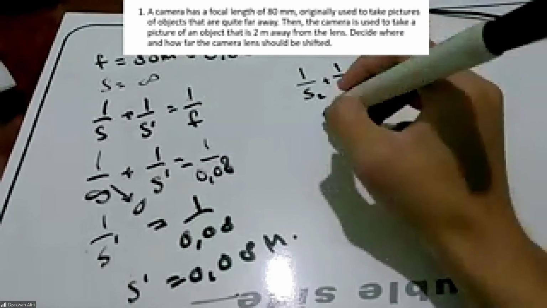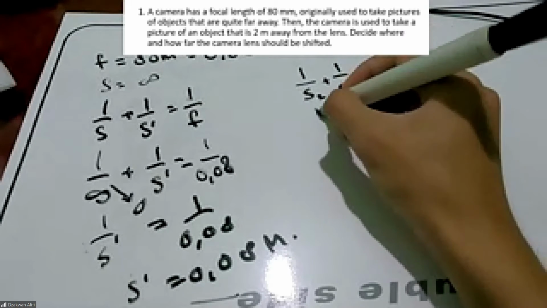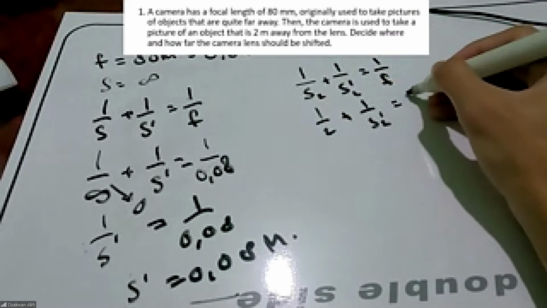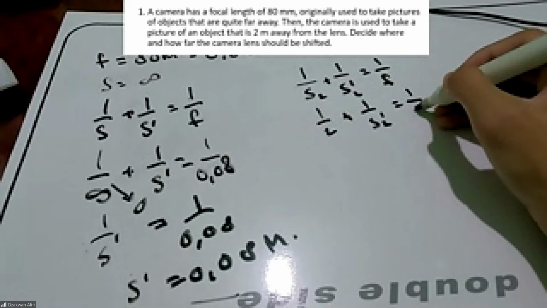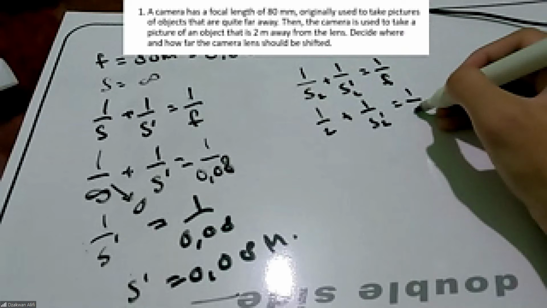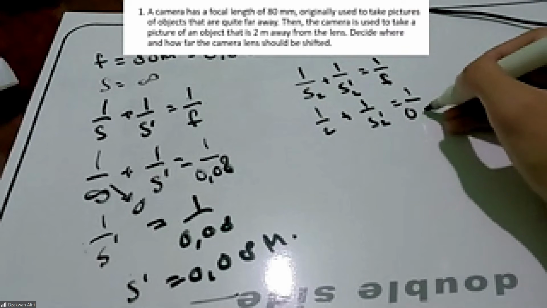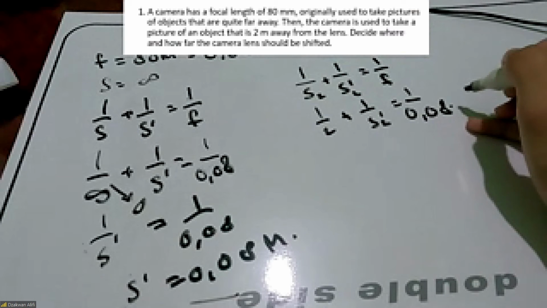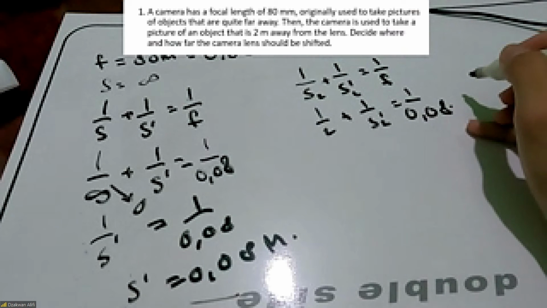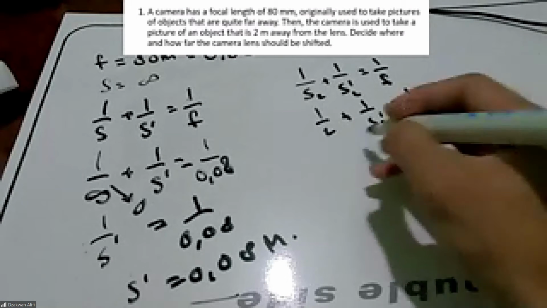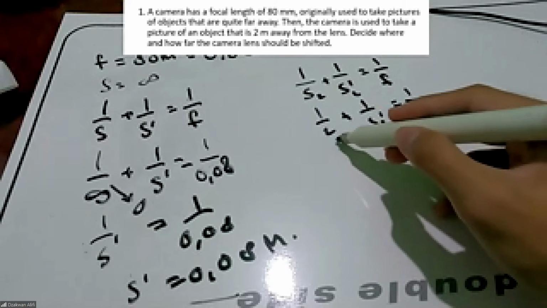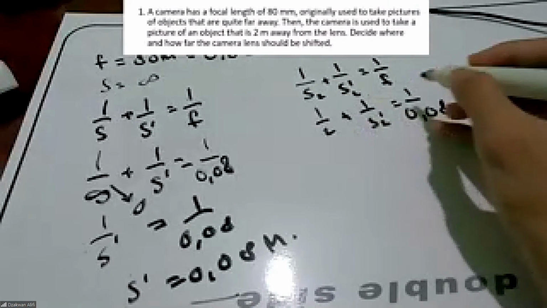So let's include that in the expression: 1 per 2 plus 1 per s2 accent equals 1 per the focus, which is 0.08. We move the 1 per 2 to the right, it will become minus.